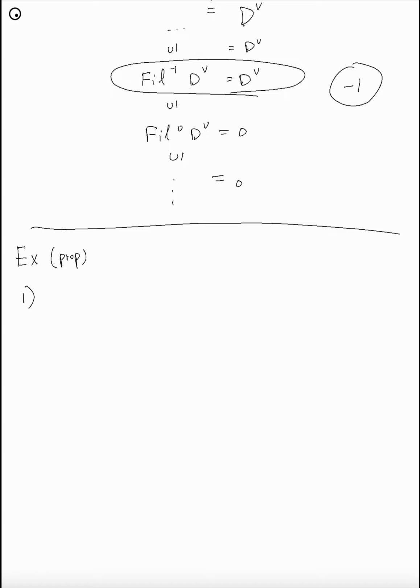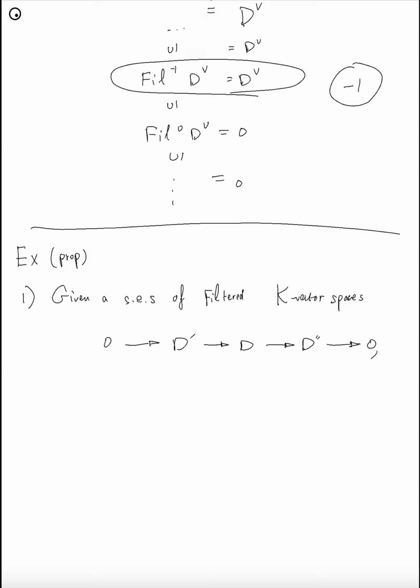So first part of the exercise: given a short exact sequence of filtered k-vector spaces, 0, D prime, D, D double prime, 0, we have that the Hodge number of the middle equals the summation of the two sides.